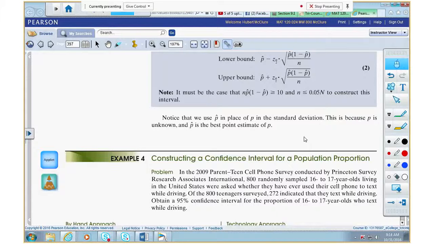Give me the confidence interval with a 99% confidence level.